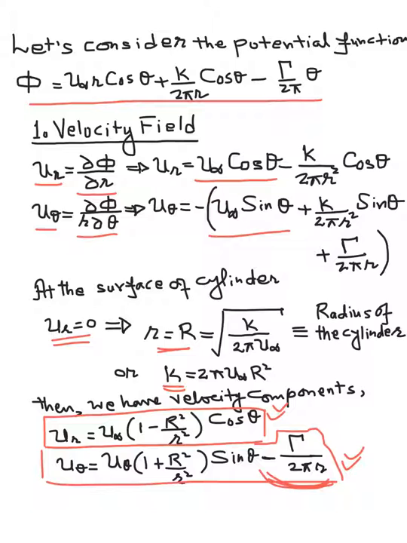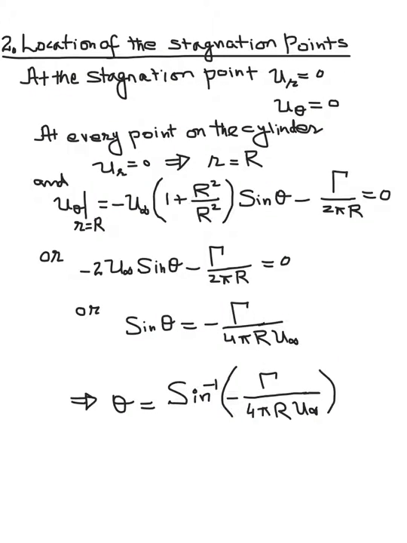Next, I will determine the location of stagnation points for this flow. To find the location of the stagnation points, I have set the velocity components equal to 0, that is, the radial and tangential velocities are set equal to 0.